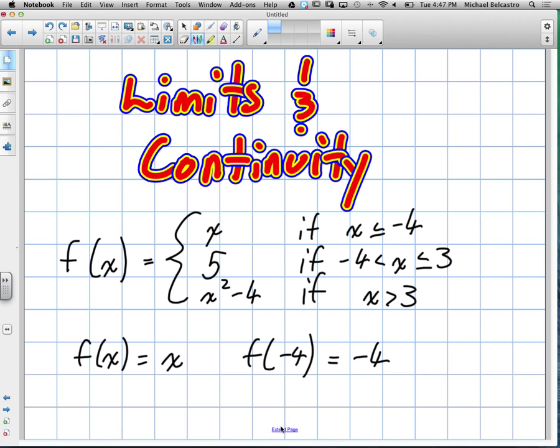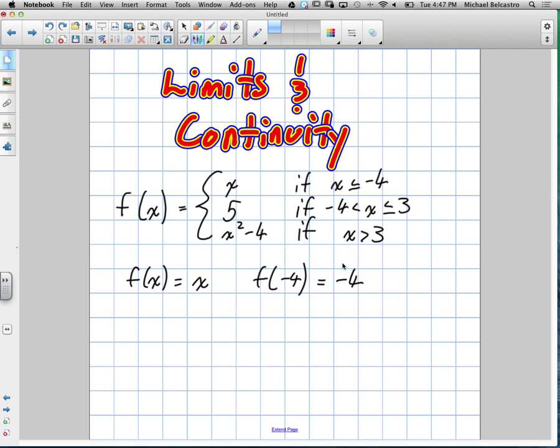Well, what that then means is, because technically this function only exists at -4.0000001, the next value would be f at x is equal to 5. And we would test f at, let's say, -3.99999, -3.999, something like that, extremely close to -4.